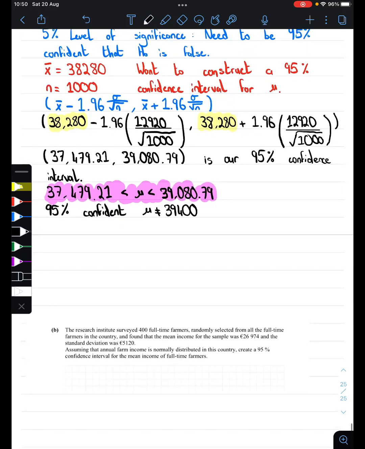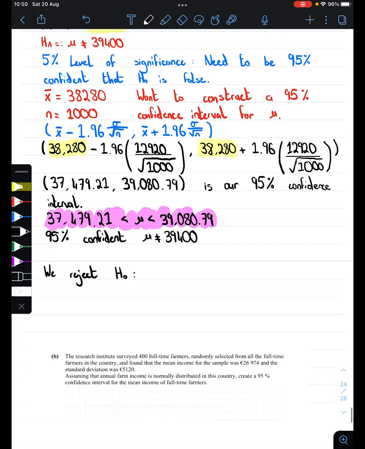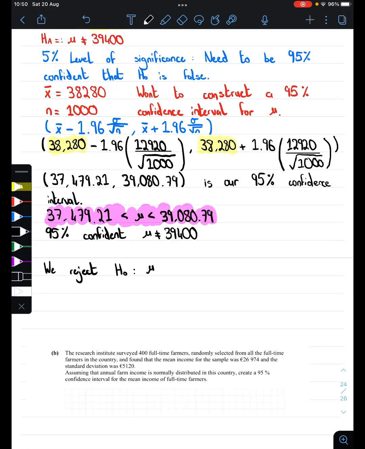And so if we say this formally, we reject H naught, that the mean, let's just write this out, the mean income remains 39,400.